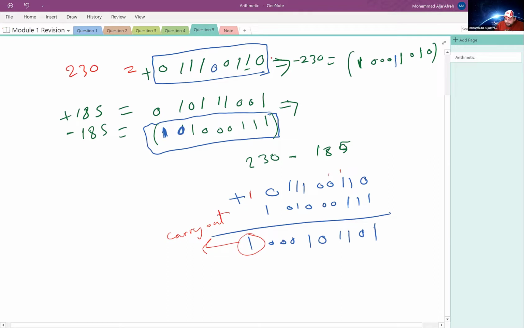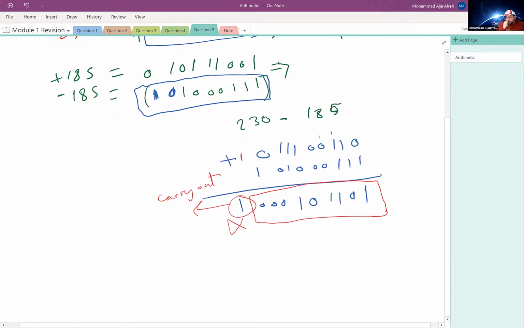So this carry out in 2's complement, we will always what? Neglect it. And this will be my final answer. Since I know for a fact that 230 is bigger than 185, the result is positive, okay?